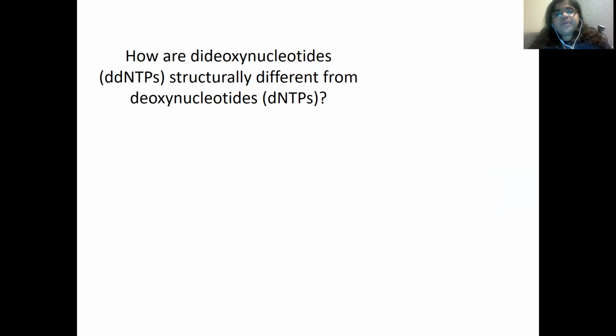So before we get into the next part, the question is: how are dideoxynucleotides, or ddNTPs, structurally different from deoxynucleotides, right?